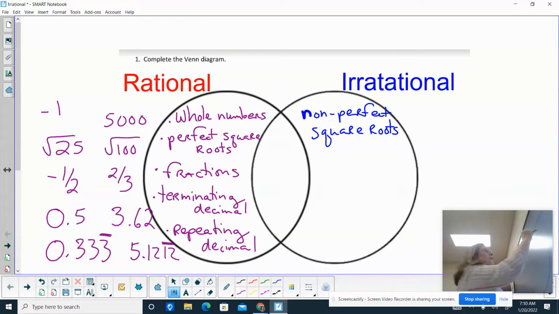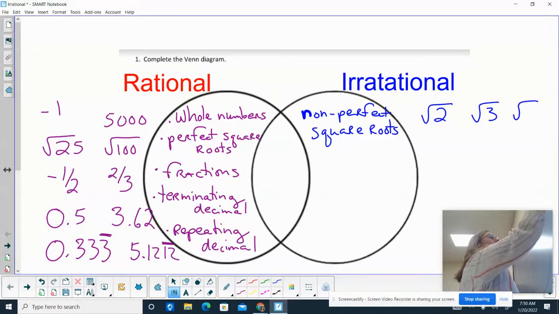So those are the square roots that sometimes we estimate. So like the square root of 2, or the square root of 3, or the square root of 5, or could be the square root of 99. So those are all irrational.